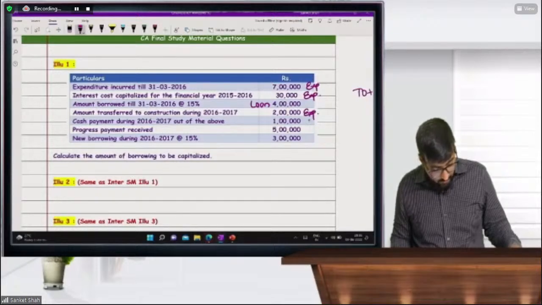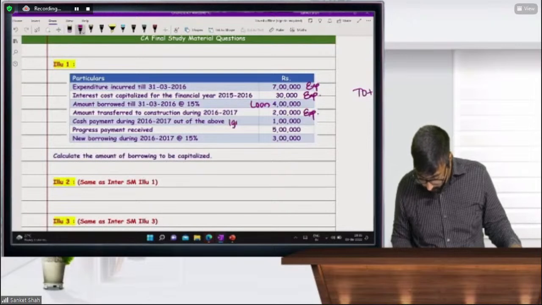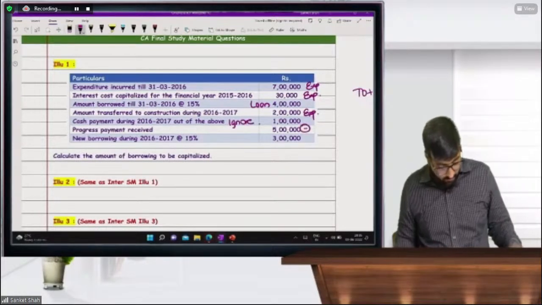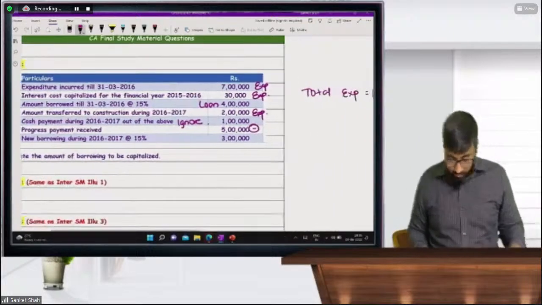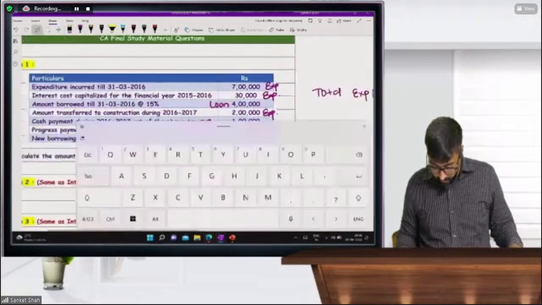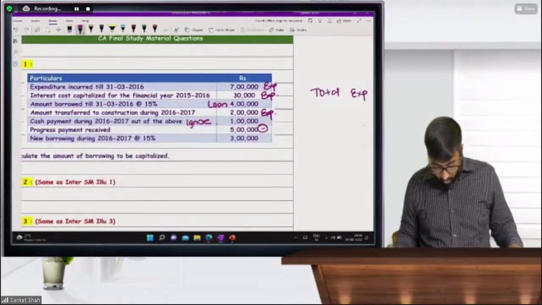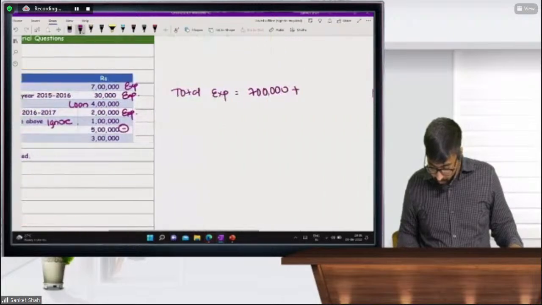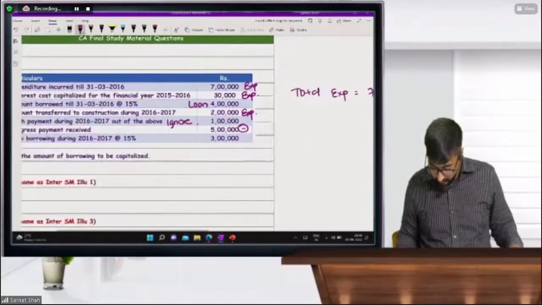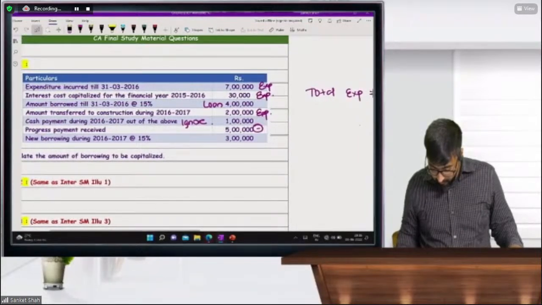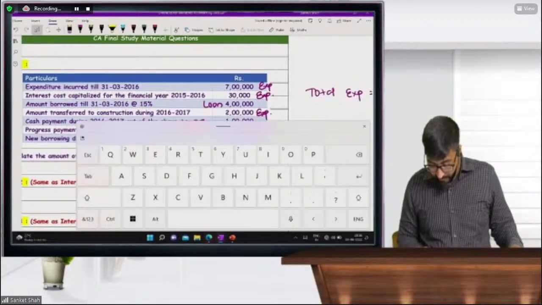Cash payment, ignore. Progress payment, you will deduct it. So, beta, out of the above 7 lakhs, cash payment you have to ignore.